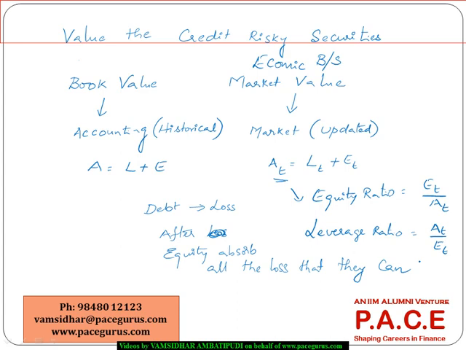So the risk associated with equity investment is much higher compared to the debt investment. So the compensation wise also, on an expected basis, the equity investor will receive more compared to a debt investor. All right.